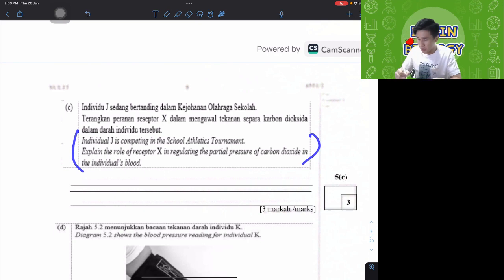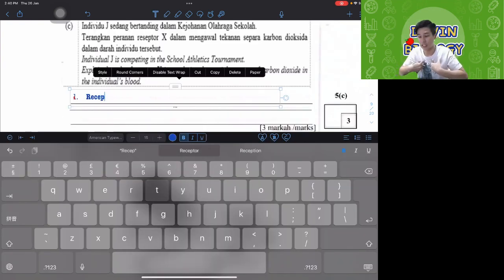Individual J is competing in a school athlete tournament. Explain the role of receptor X in regulating the partial pressure of carbon dioxide in the individual's blood. Now, receptor will detect the changes. Then it will cause the medulla oblongata to make you breathe faster.